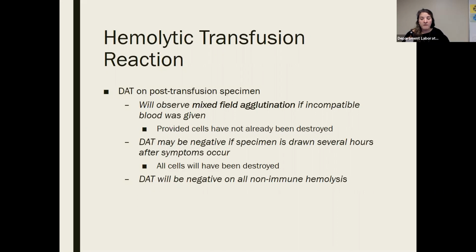And then even if you suspect the wrong ABO, your DAT may be negative, all right, if there's any delay in drawing that specimen. So if they don't draw that specimen right away, we might not see the 2 cell populations there, and then there might not be anything coating the remaining cells, so that DAT would be negative. Okay, that's why if a nurse calls you, tell them to immediately stop the transfusion, send a post sample right away, no delay, okay?